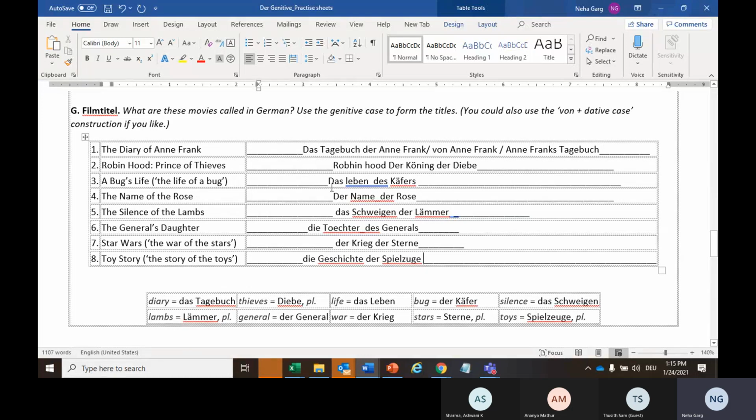And Ananya, I'll add you to the Google Drive also, where you can access all the study material, all the books for whatever we would be learning for B1. Sam, I'll add you also.